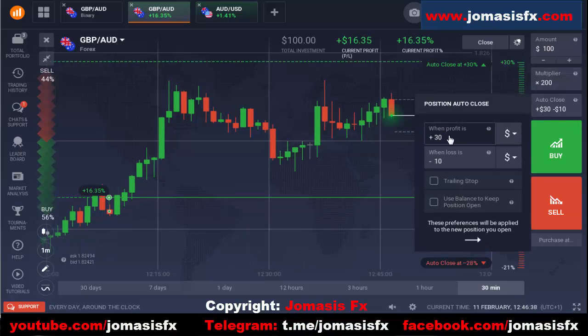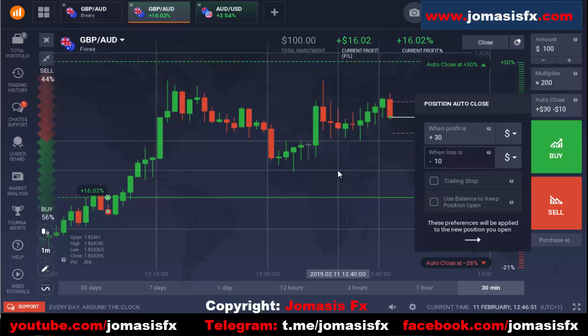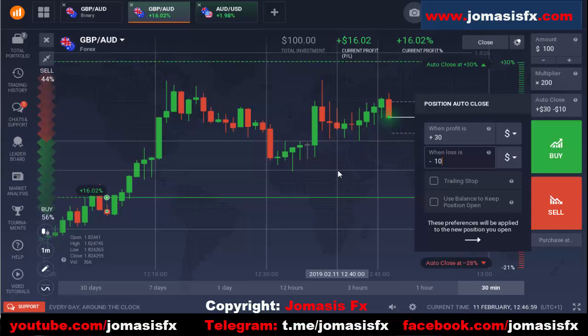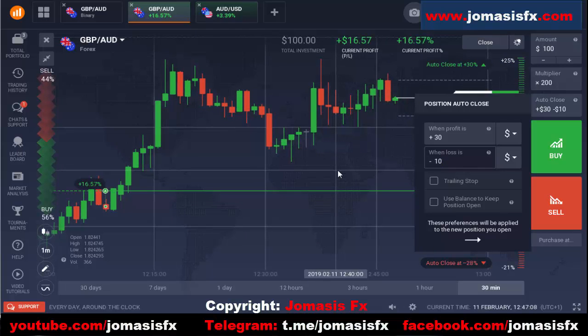Here you see when profit is 30 and when loss is -10. Now that is what we refer to as stop loss and take profit. Stop loss simply means where you want the market to automatically close by itself, even if you didn't open your PC or your trading computer.